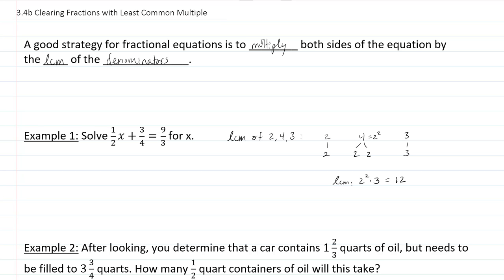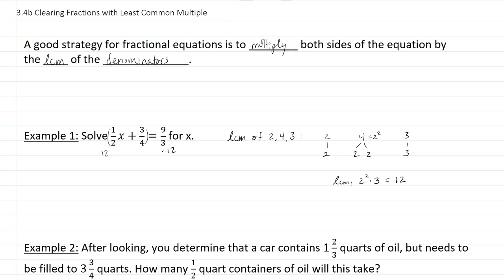So let's go ahead and do this. We multiply the quantity by 12 and we multiply this by 12. It's very important to multiply whole sides if we're going to use the multiplication principle. We have to multiply the whole left side.